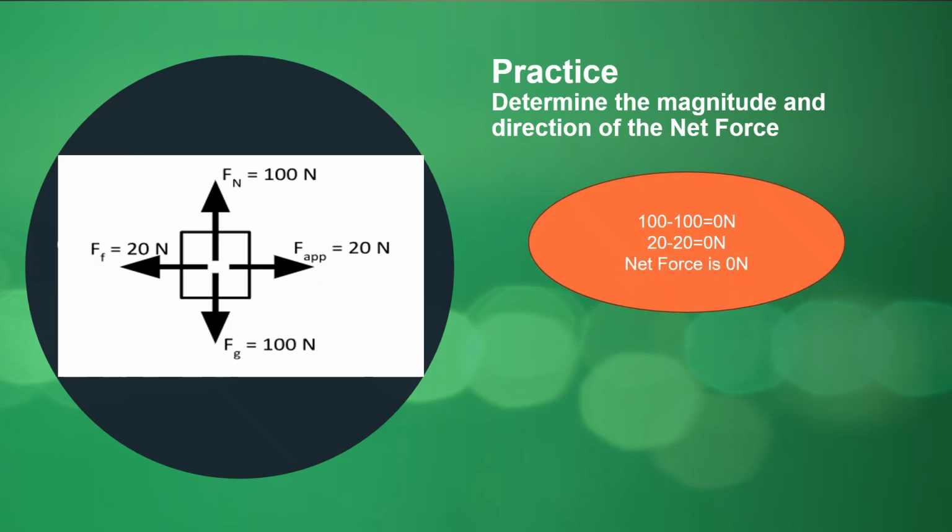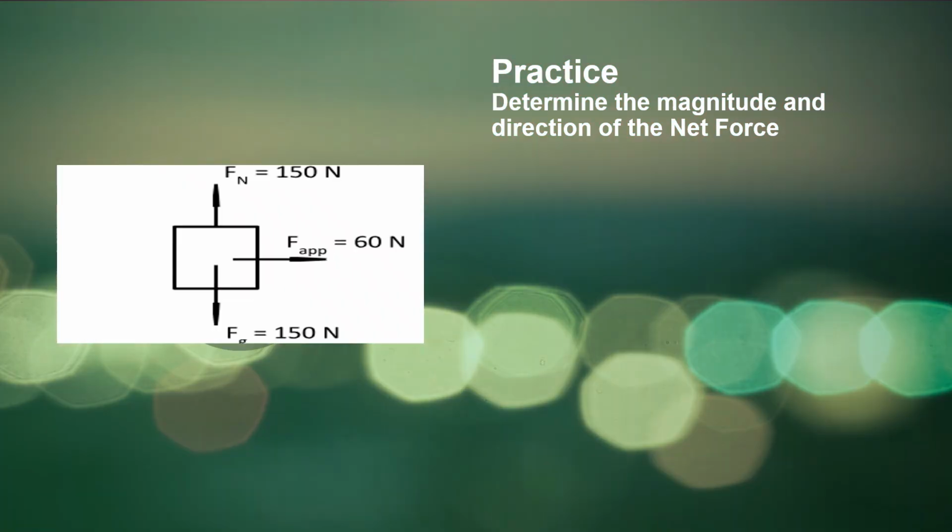And then we have a force that you are applying forward of 20 newtons. And guess what? You have a force of friction from the surface of the object that you are pushing on that is equal to the force you're applying. So 20 minus 20 is 0 newtons. So the net force in this case is going to be 0 newtons.